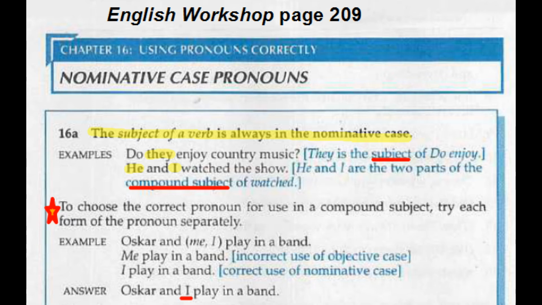Incorrect use of the objective case pronoun me, and then I play in the band does sound correct. So sometimes the sound helps you know the correct pronoun choice, but also you have to know if it's acting as a subject in the sentence. You have to choose a subject pronoun, one of the nominative case pronouns that I've asked you to memorize off the board, the ones that we did during daily language.